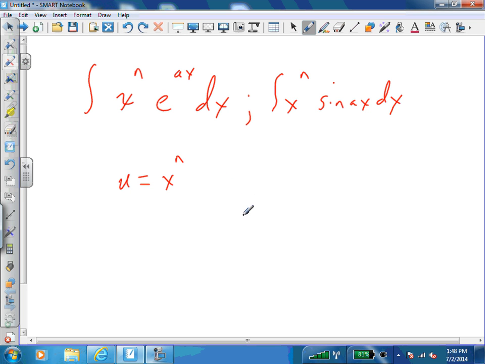And then our dv to be the other part. So if it's one with the e, or if it's one with the sine or cosine, if you do have a power in there, x to a power, that's going to be your u.